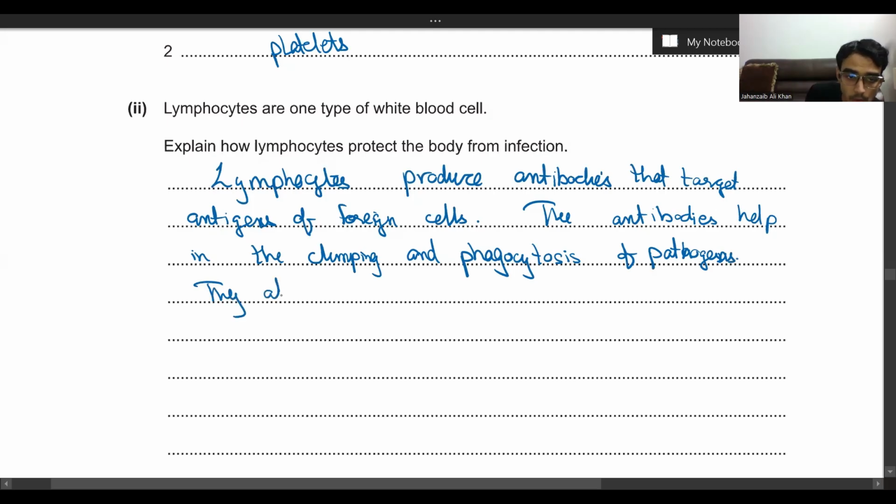They also form memory cells. This is a very important point, providing long lasting immunity.